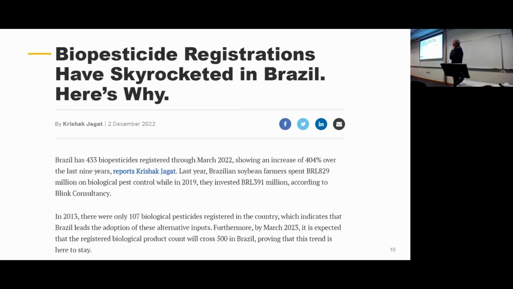Brazil looked at the issues around registration of these sorts of products some years ago, from 2013, so about 10 years ago, and this is a year old. In Brazil, there's probably about 500 of these sorts of products now. They simplified the registration process.